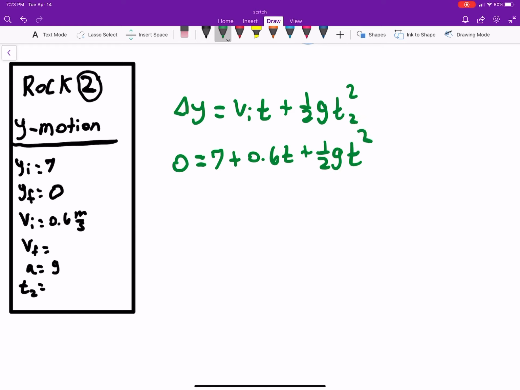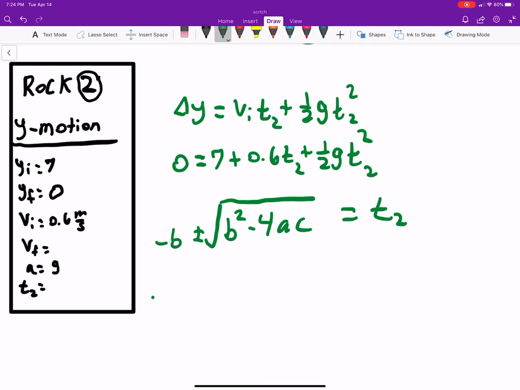And this is T2, the time it takes rock 2 to hit the ground. And again, we can follow the same procedure as before, where negative b plus or minus the square root of b squared minus 4 times a times c is equal to T2.